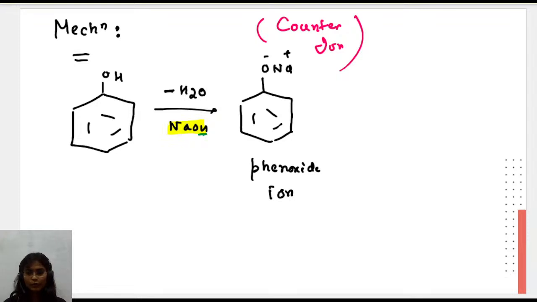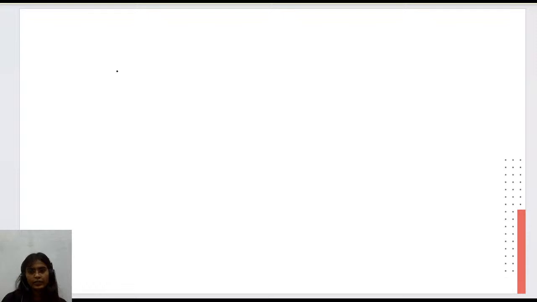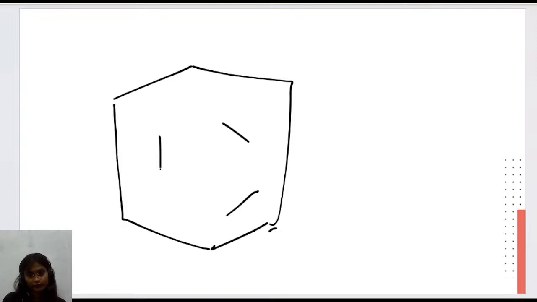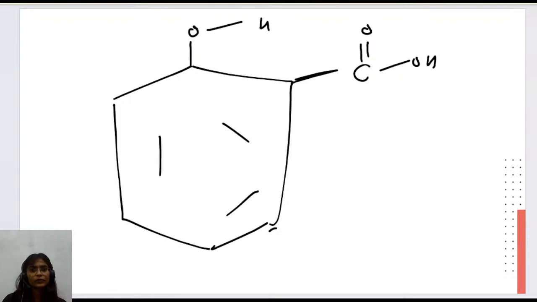Just try to understand my part. I will explain one more time. Look at this. If this is OH and this is the ortho position, so it's a COOH group. Let's count the number, starting with this one: 1, 2, 3, 4, 5, and 6. Maybe you already know a six-member ring is really very stable.